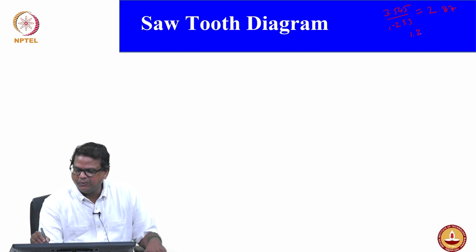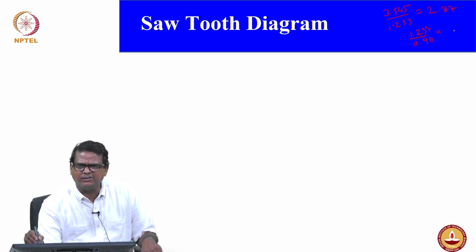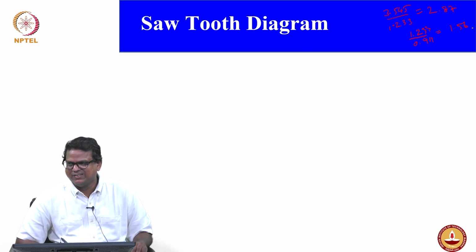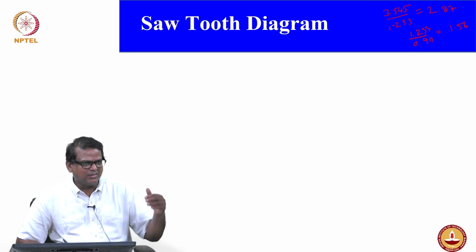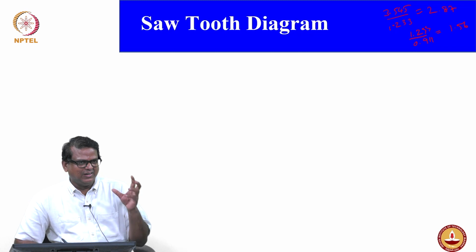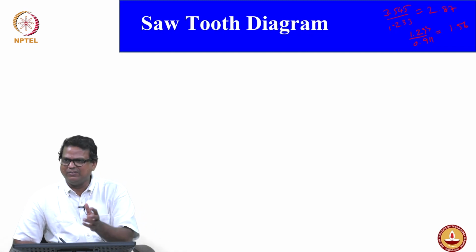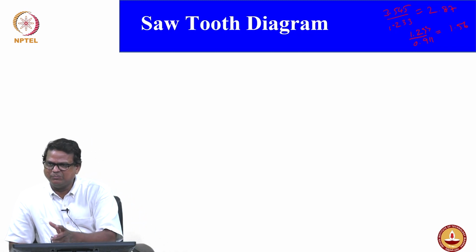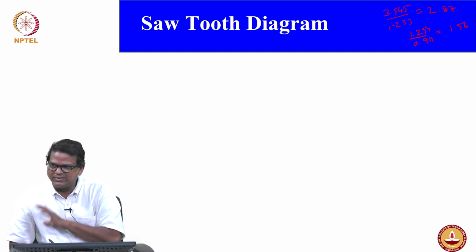If I do it for 1.33, the next gear 0.91, that should be 1.56, something like that. Yes, 1.56. So the step ratio is not constant. If you look at the step ratio between the adjacent gears, it is not constant. Obviously, if it is not constant, the gear will be logarithmic. Okay, it is logarithmic. Please understand that.